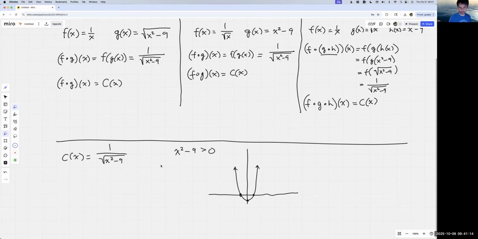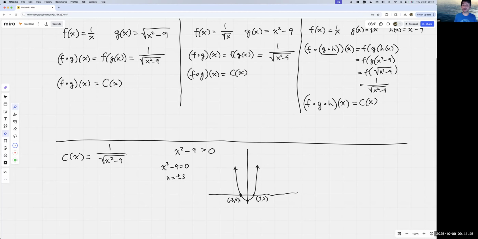And it's fairly straightforward to see where it's going to hit the x-axis. x squared minus 9 is equal to 0 when x equals plus or minus 3. So this is the point negative 3, 0. This is the point 3, 0. So this inequality, x squared minus 9 greater than 0, is equivalent to asking when this graph is above the x-axis. We want the outputs of x squared minus 9 to be positive. That's above the x-axis. So from this graph, that's everywhere but in between negative 3 and 3.